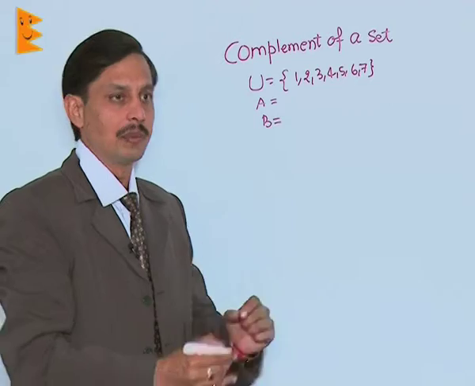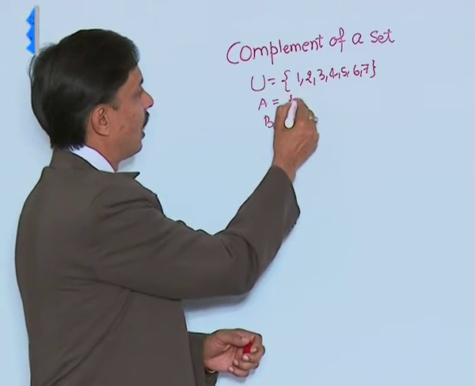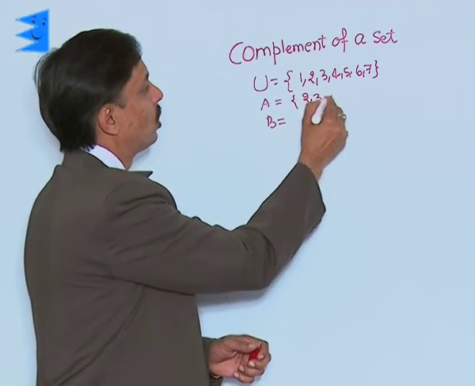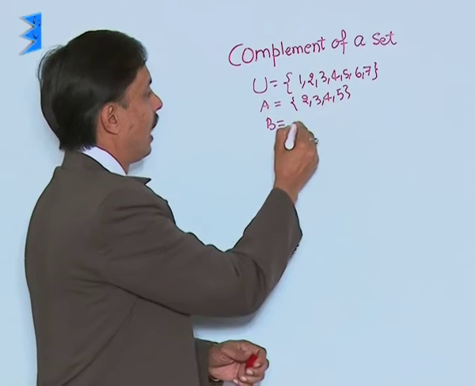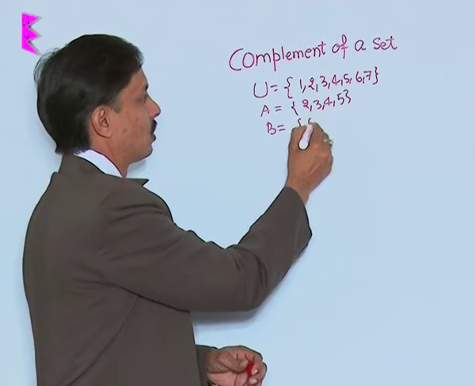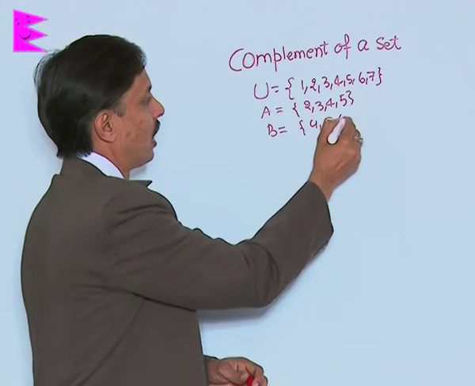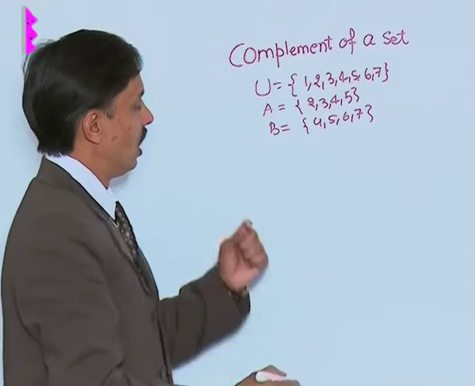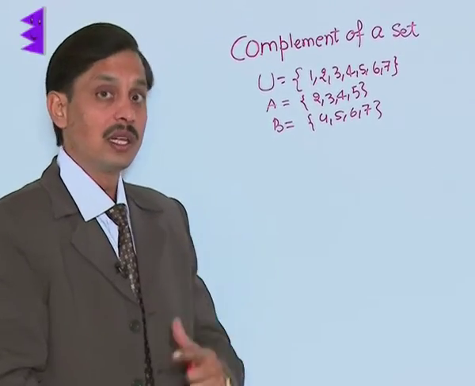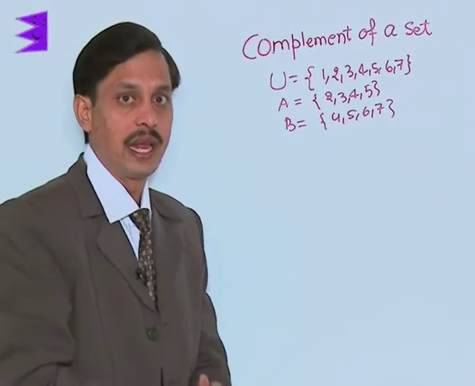are its subsets. Suppose A has the elements 2, 3, 4, 5 and B has the elements 4, 5, 6, 7. Now the question is, what is the complement of a set?